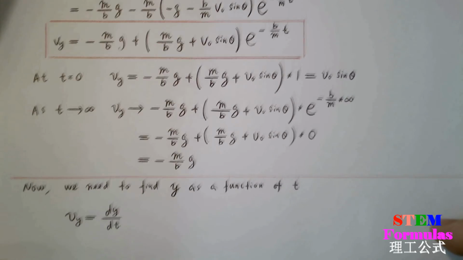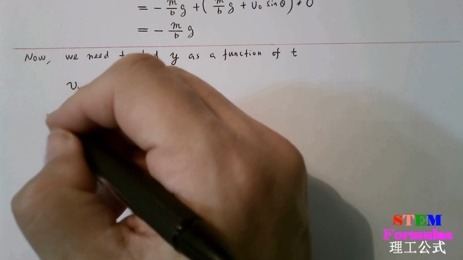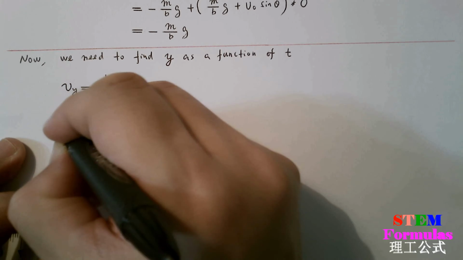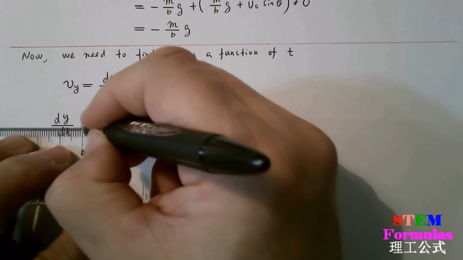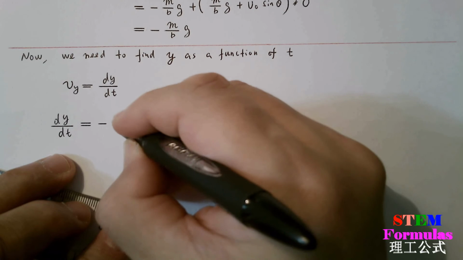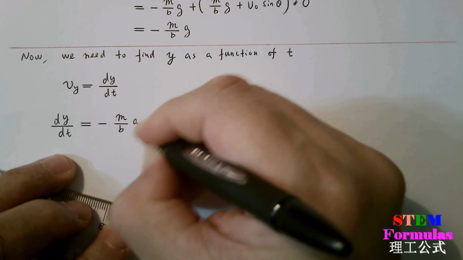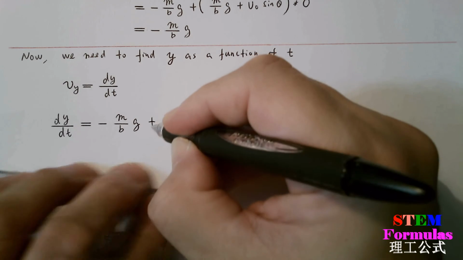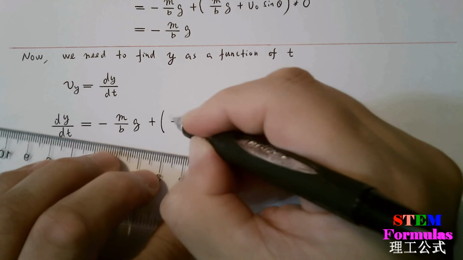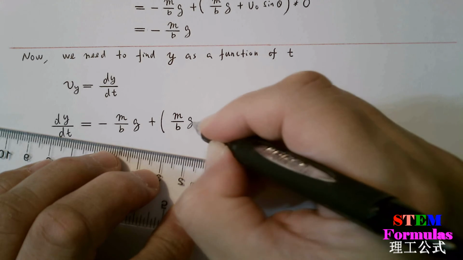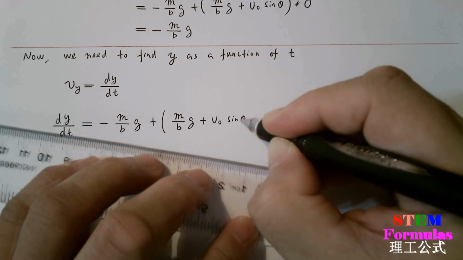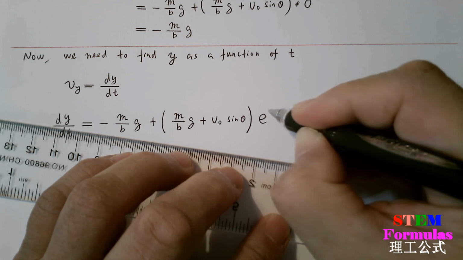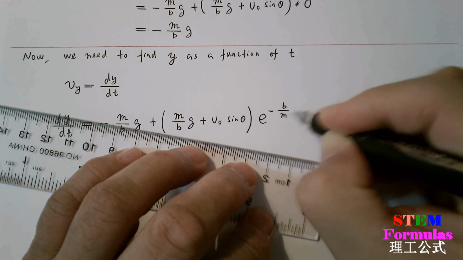Now we plug in here into here. So we have dy dt equal minus m divided by b times g plus bracket m divided by b times g plus v0 sine theta times e to the power minus b divided by m t.